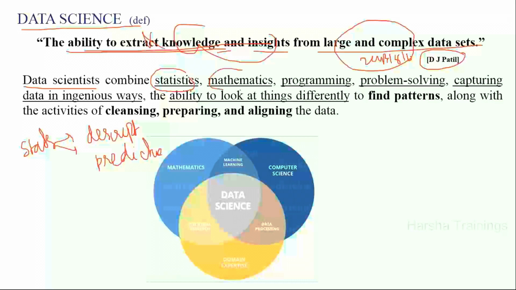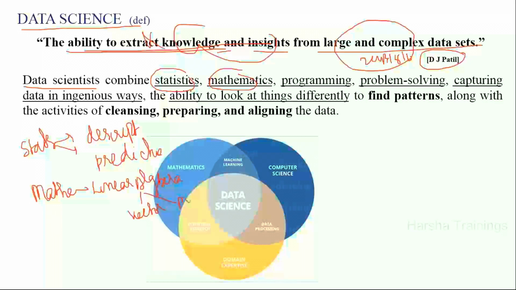The second one is mathematics. What mathematics is needed for data science? Linear algebra, that is 6th and 7th class mathematics. Linear algebra means vectors and matrices, which is 10th class mathematics.